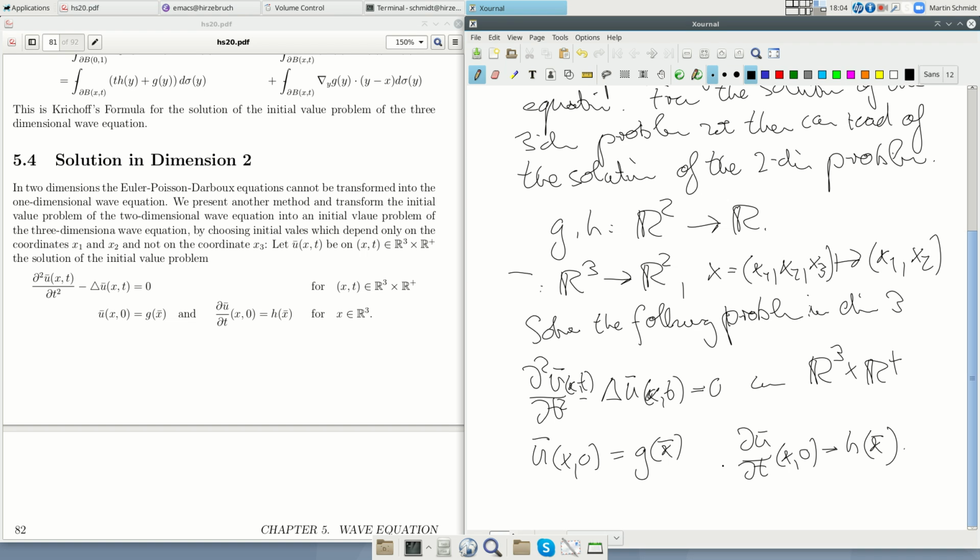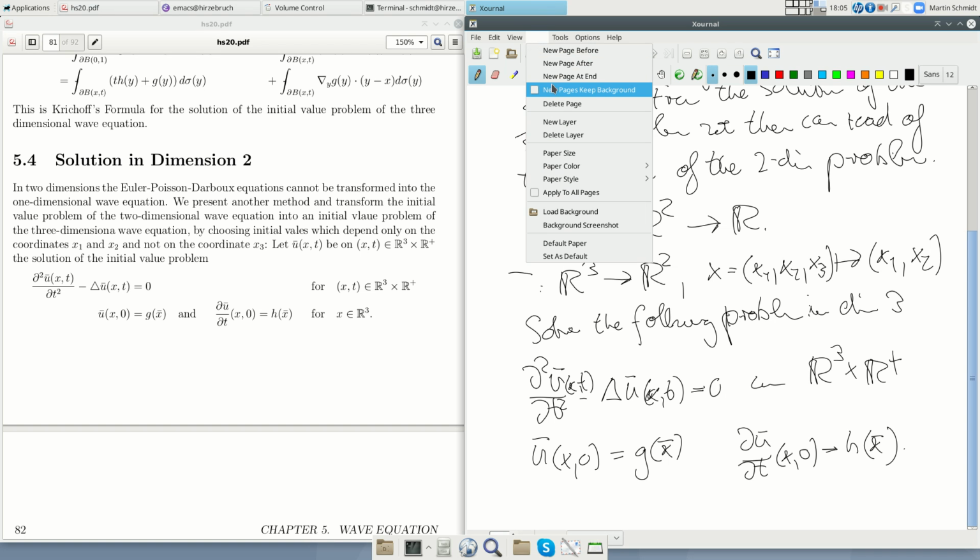In this way, the composition of this mapping with these two functions gives functions on R3. So this is the way we make initial values in R2 into initial values in R3.